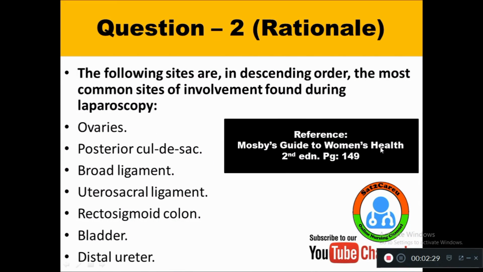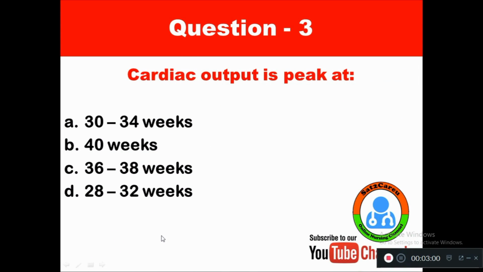According to Mosby's Guide to Women's Health, second edition, page number 49, the following sites are, in descending order, the most common sites of involvement found during laparoscopy. The priority goes to ovaries, next posterior cul-de-sac, next broad ligament, uterosacral ligament, rectosigmoid colon, bladder, and distal ureter.